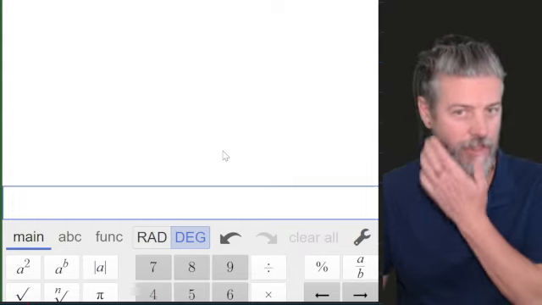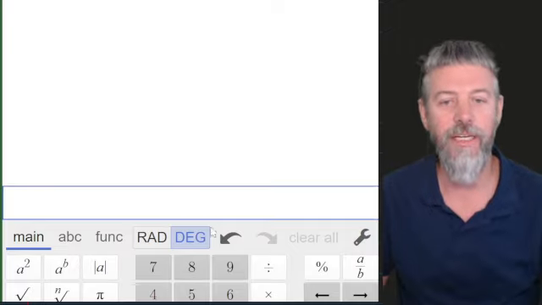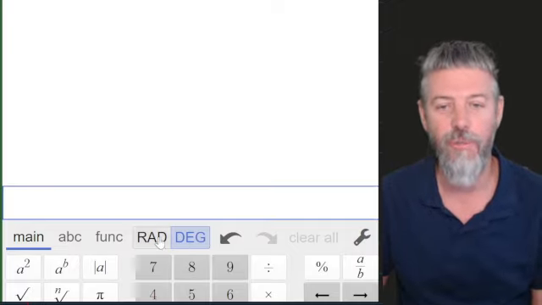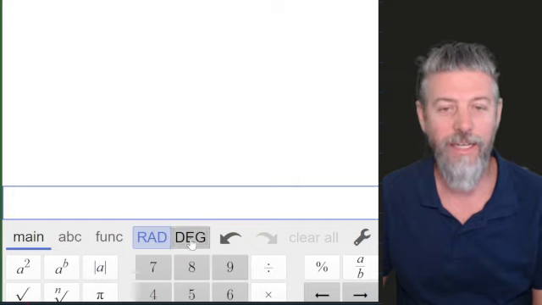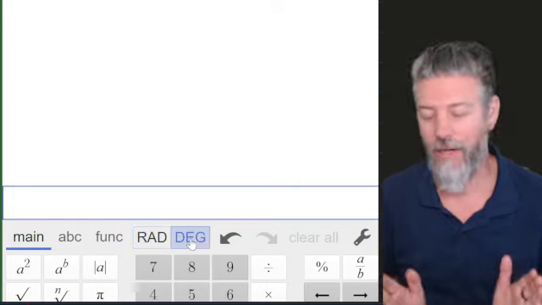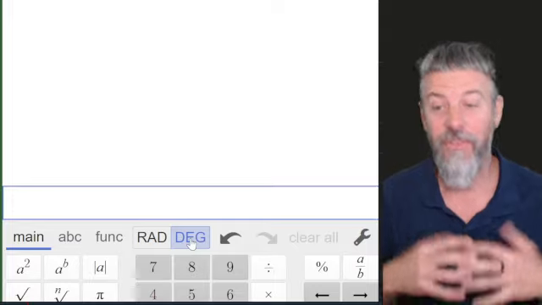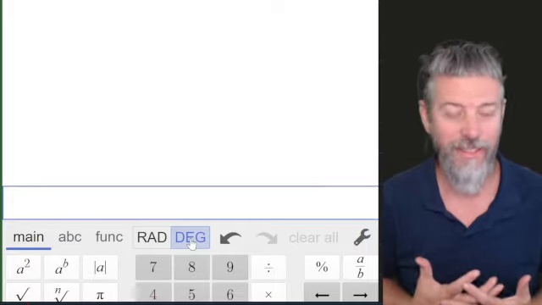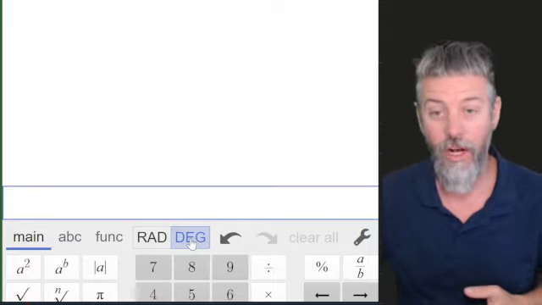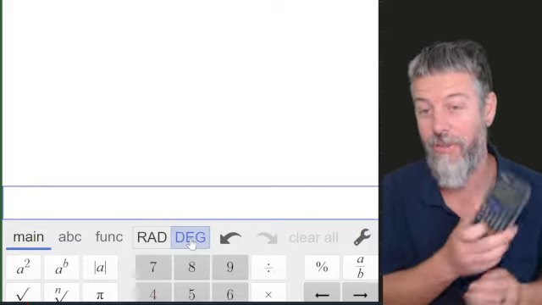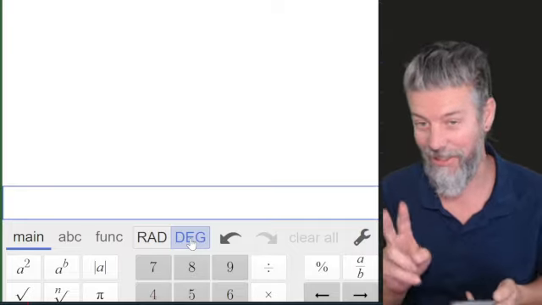So here's the Desmos calculator, and you'll see down in the bottom here, there are these 2 buttons, rad and deg. Now, whatever calculator you're using, they also are going to have rad and deg on them. I use a Casio FX82AU Plus, again, not sponsored.